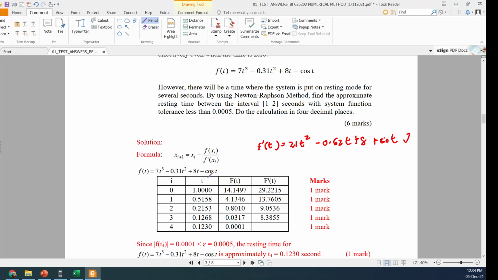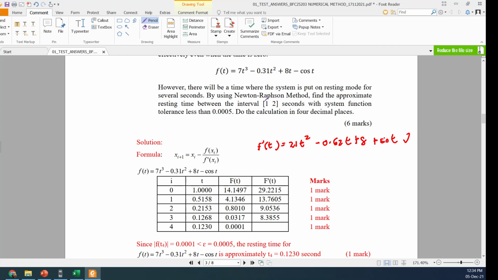It means you differentiate f(t), so d/dt of 7t cubed is 21t squared. D/dt of negative 0.31 t squared, you have 2 times negative 0.31, which is 0.62 t. D/dt of 8t you have 8. D/dt of negative cos t, differentiate cos, negative negative, positive sin t. This one 1 mark.